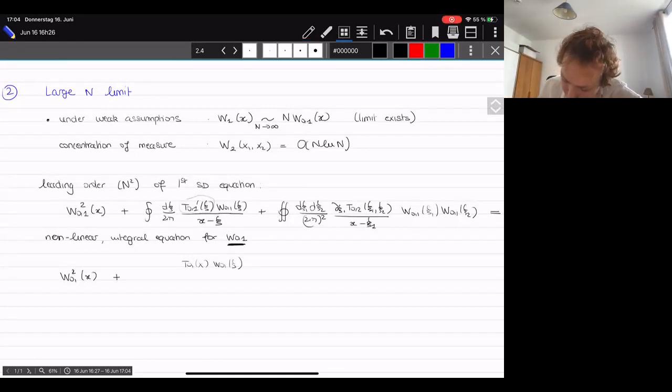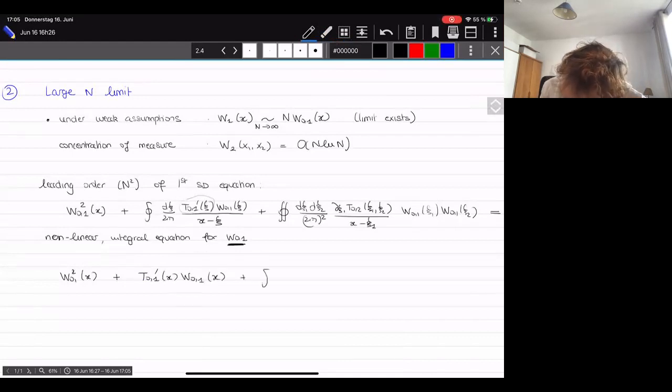by its definition. And then you're going to just pick a residue at xi equal x, and it comes with a minus sign because you're increasing your contour. So you're going to see just W01x. So there's a term like this.